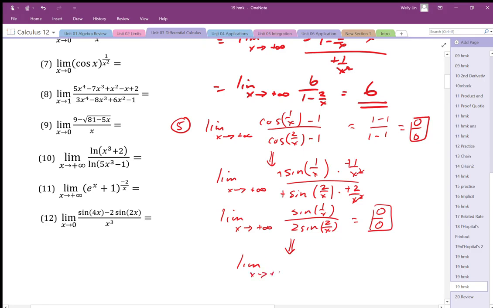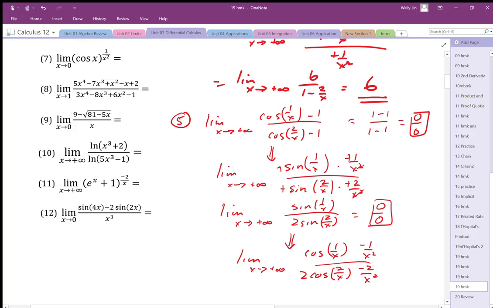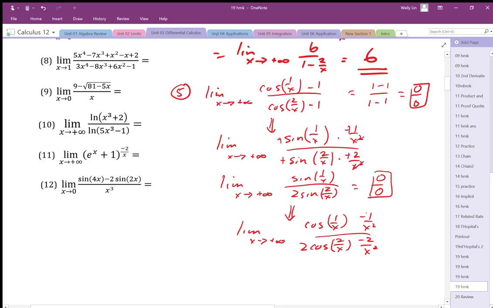In applying L'Hopital's, I end up with cosine 1 over x, chain rule times negative 1 over x squared, cosine 2 over x, chain rule times negative 2 over x squared.